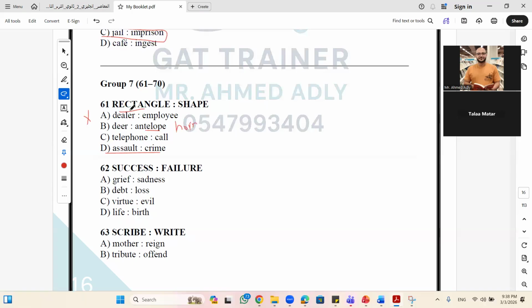Here rectangle is a shape, but an antelope is a deer, the opposite. I told you many times, the same order. If it were antelope and deer, it's okay, we would take it. All right, the same order, please.